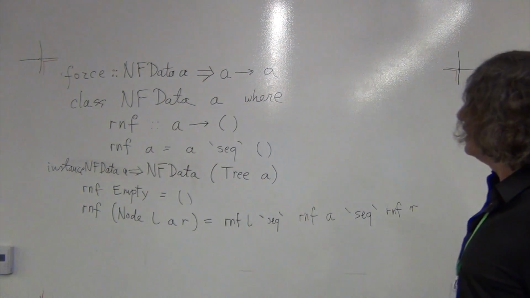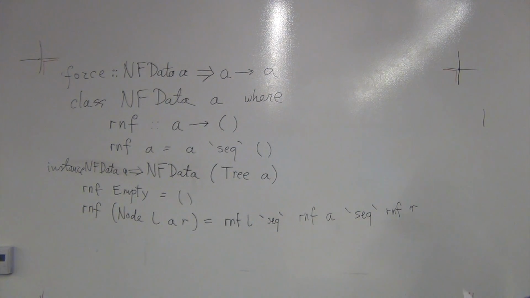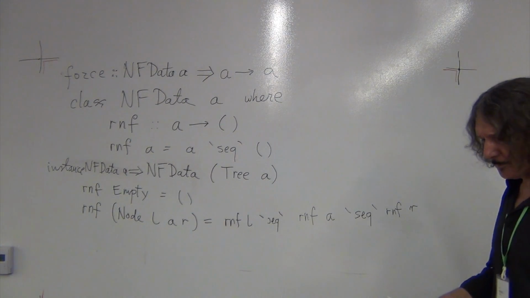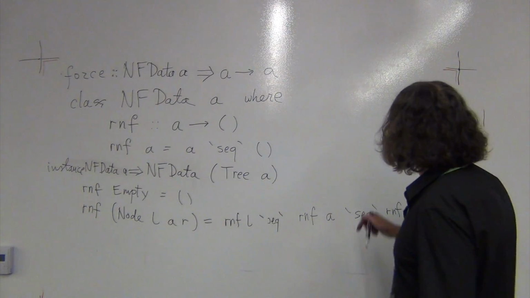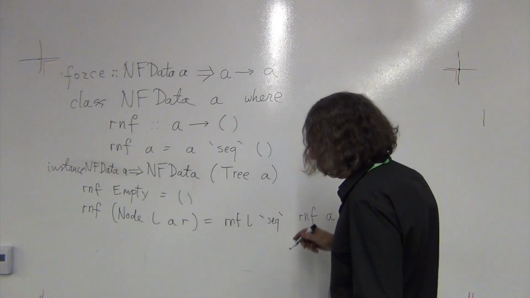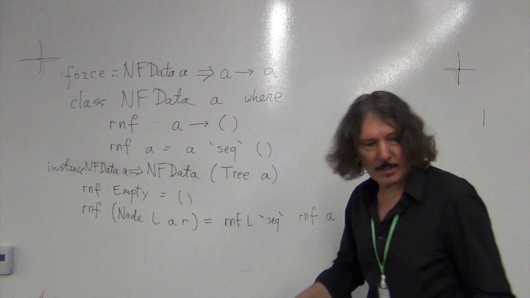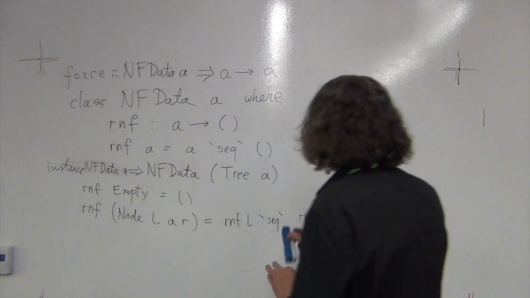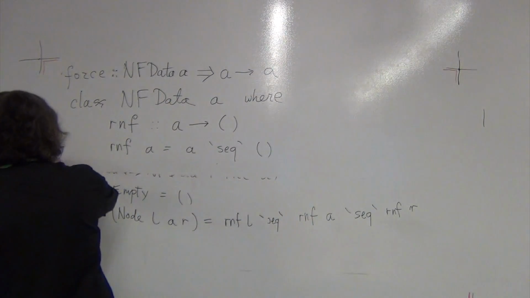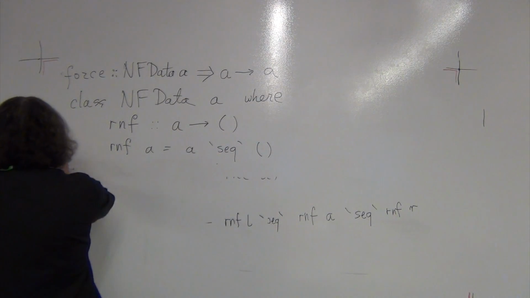So now having NF data defined, we can define something called deepseq. Okay, I'm going to erase this part. This was just an illustration.